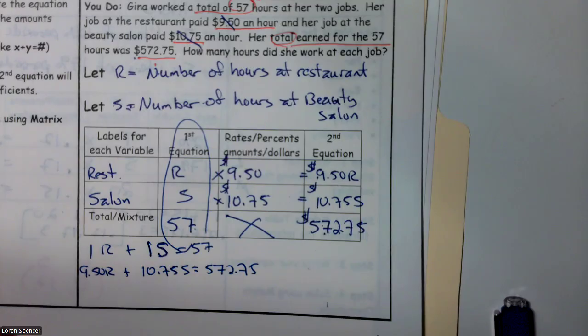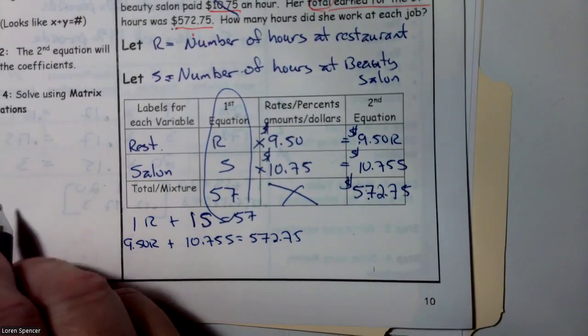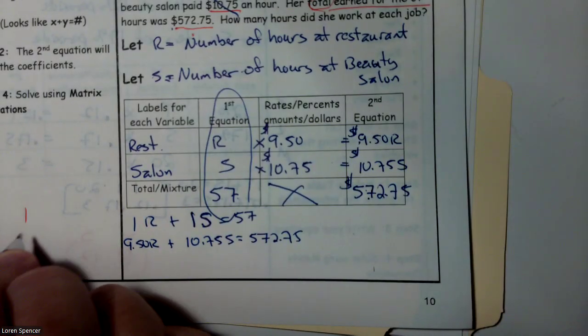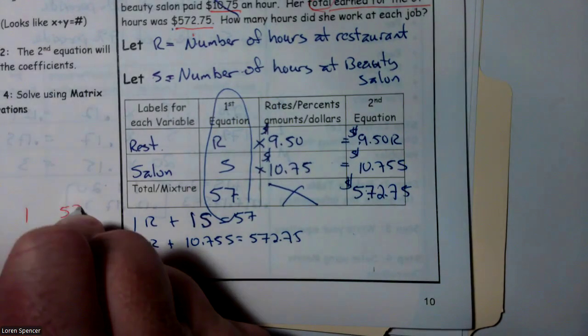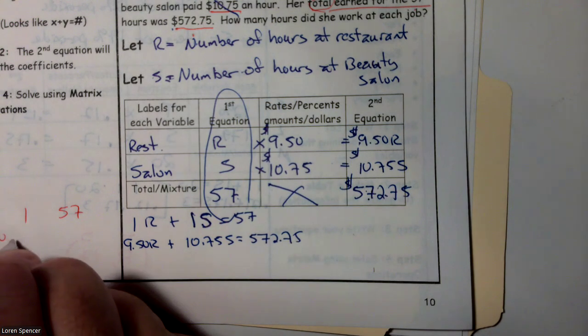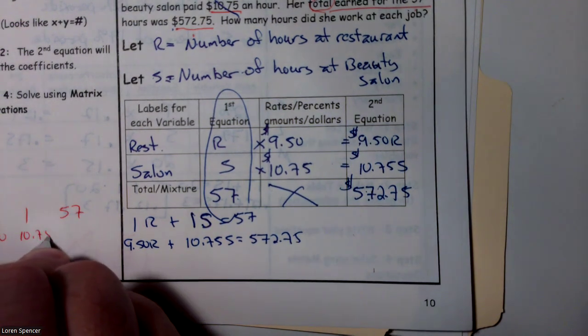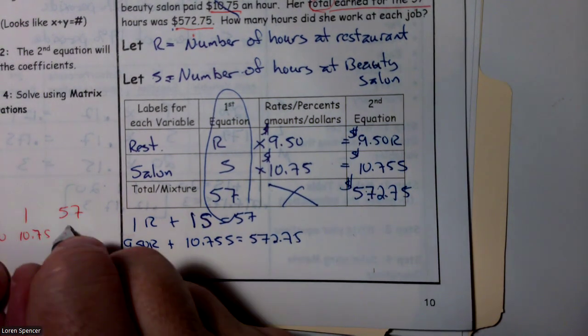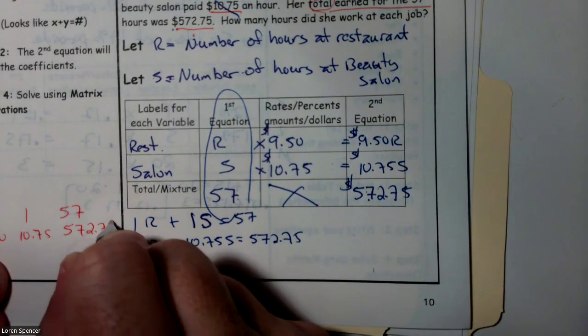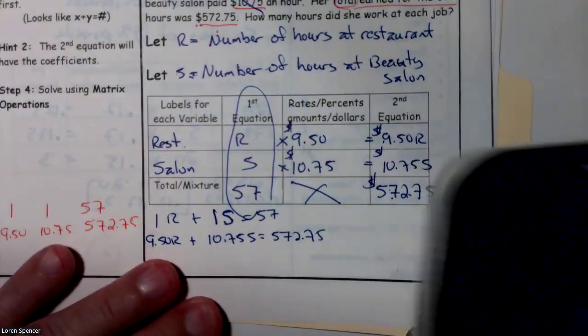Kind of running out of room. I'm going to have to squeeze this up a little bit. Actually, I'm just going to write it over here. So going into the matrix, I'll have 1, 1, and 57. And then I'll have 9.50, 10.75, and then 572.75. So that's what has to go into the matrix.